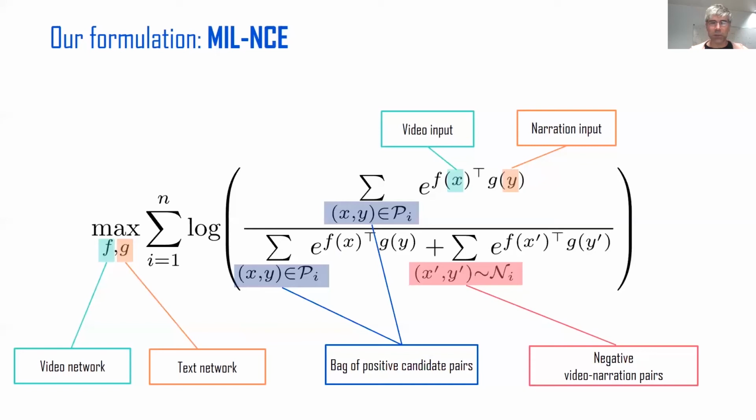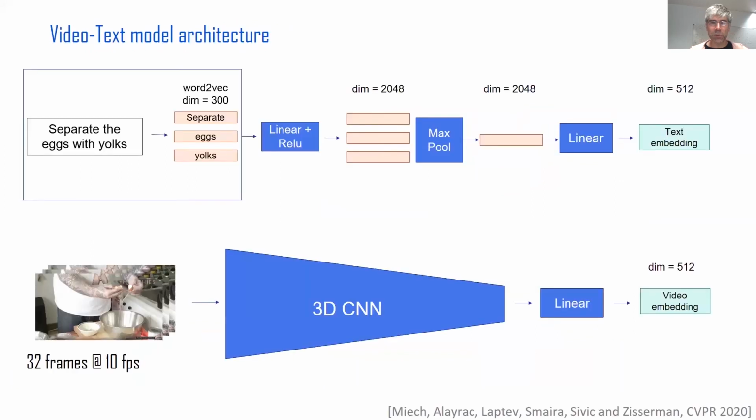But we also went into the multiple instance learning strategy, where at the top of this expression we see the sum of all pairs x and y which come from the same video. And then at the bottom we have a sum of negatives, where x and y come from different videos.